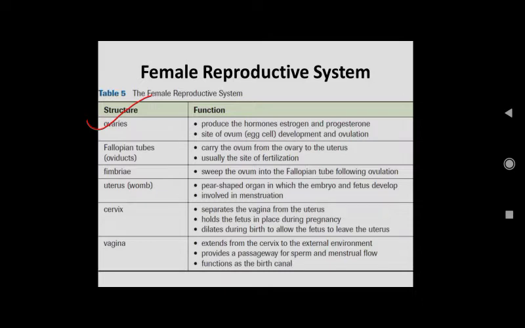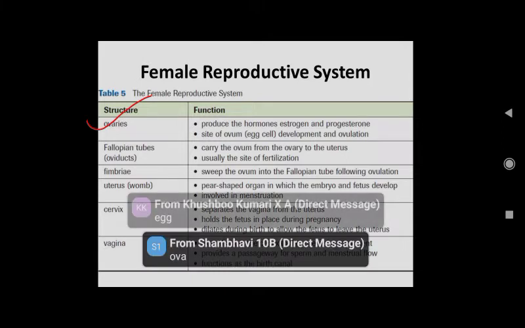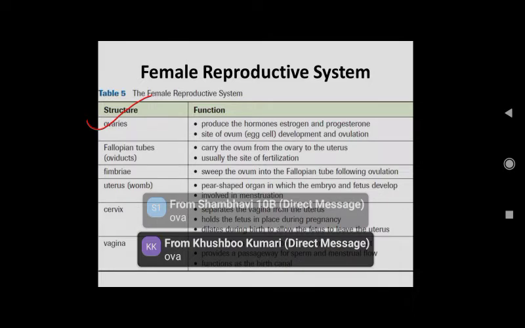And the second function of the ovary, it is a site of egg production, the ovum. What is the other name of ovum? Is there any other name by which we can remember ovum? Very good, egg, ova.